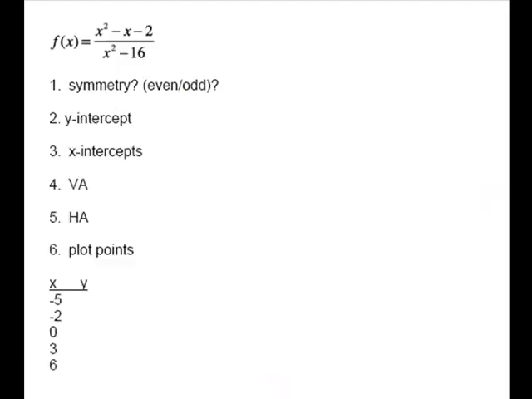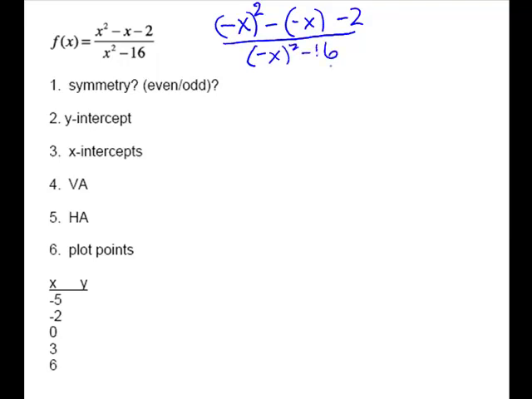We'll do one more. So here is our function. And first we'll test for symmetry. And so we plug negative x into the x. And then we'll clean that up.